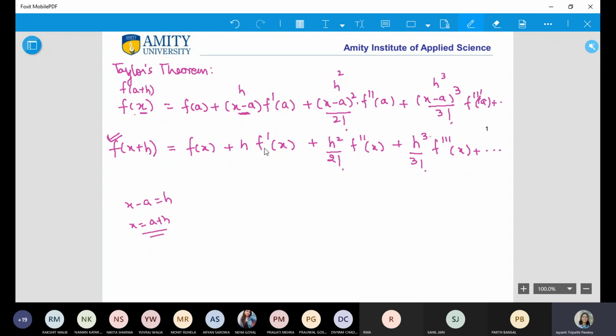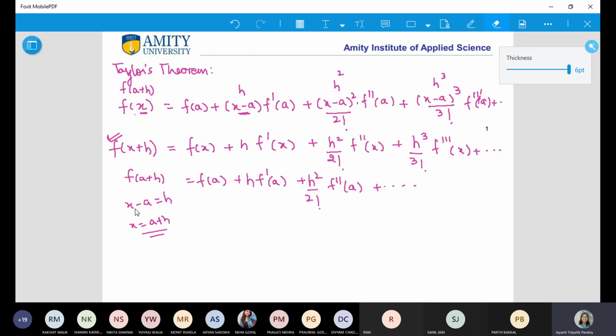So whether we expand f(x) like this, or we expand f(x plus h) like this, or we expand f of a plus h as f(a) plus h f'(a) plus h square by factorial 2 f''(a), these are three different expansions of Taylor's.